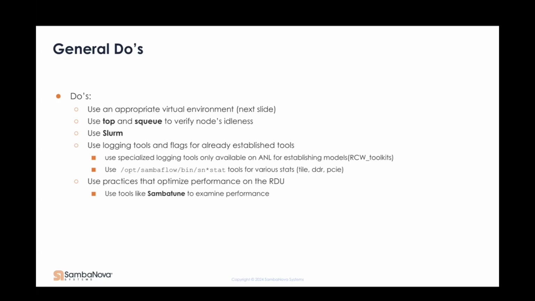SN Tilesat is a great way to check the node's utility. Use practices that optimize performance on the RDU. And as Kobe has showed you, tools like SambaNova can give you an in-depth look at performance and help you understand how you're best using this hardware to train your models.